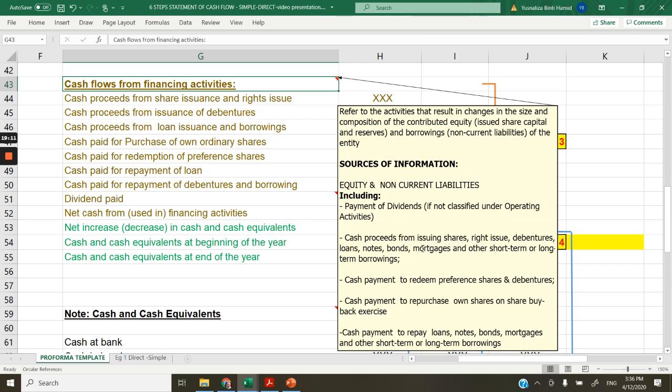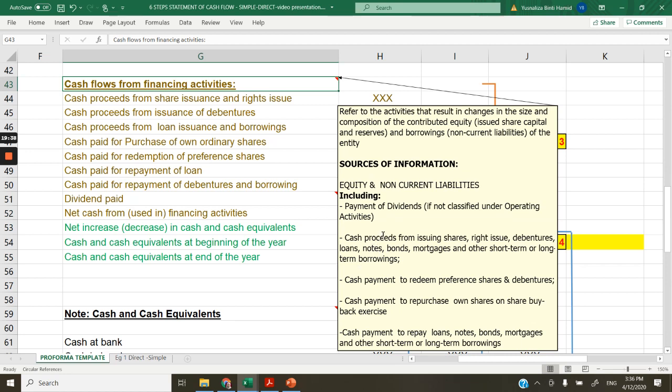These are examples of the cash receipts under financing activities. For example, if you issue shares, you debit bank, you credit share capital. If you have a rights issue, you debit bank, you credit the rights issue, or you credit only share capital directly. Or if you have some cash proceeds from the issuance of debentures, and the list goes on.